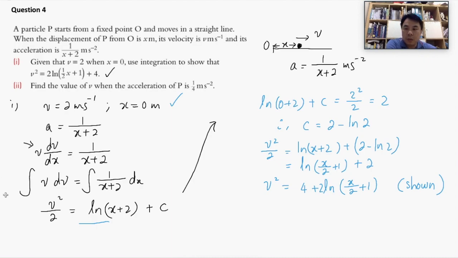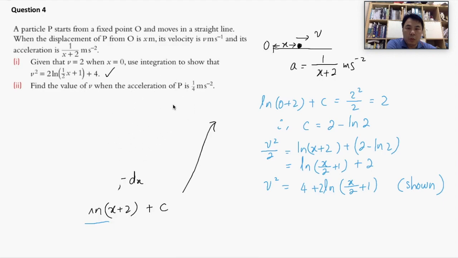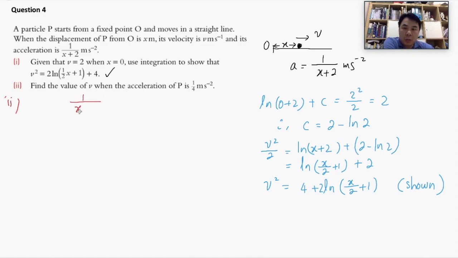Okay, let's clean up a bit. Now we're going to move on to question 2. Find the value of v when acceleration of P is a quarter. Right. So when acceleration is a quarter, we know that 1/(x+2) is equal to a quarter.